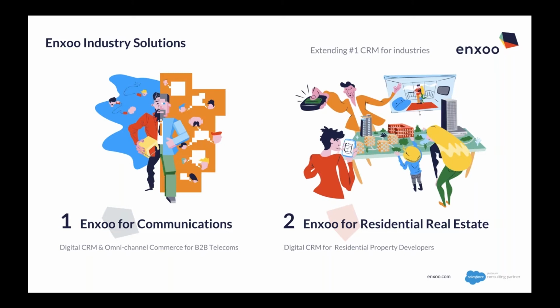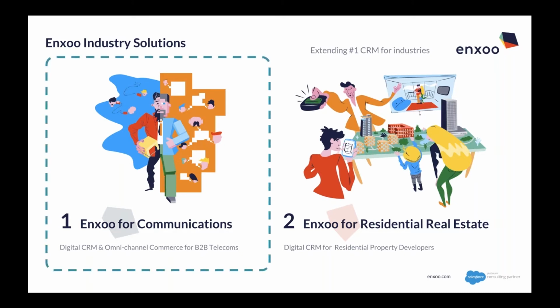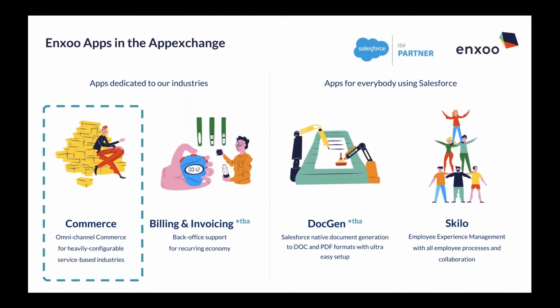And the other industry is real estate. Today's webinar will be mostly about our industry solution for communications, and more specifically about a product that is a key component of the Enxoo for Communications solution, and this product is called Enxoo Commerce.